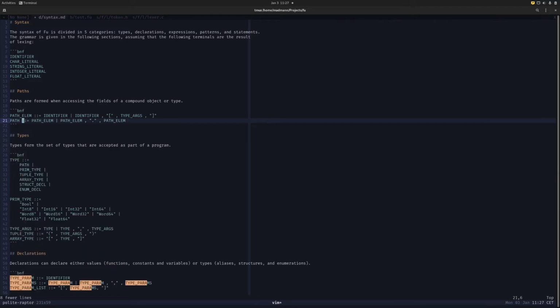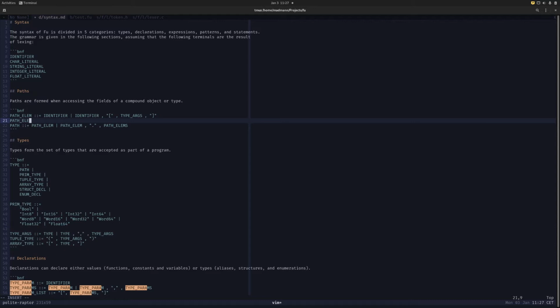The way it works is very simple, very similar to what we had before. A path is either just a path element or several path elements separated by a dot. And actually this is incorrect because here you would only have two. So it's a good point that I'm looking at this right now. A bit stupid of me though. So I would have to correct it by saying that a path is either just one path element or a path element followed by a dot followed by more path elements.